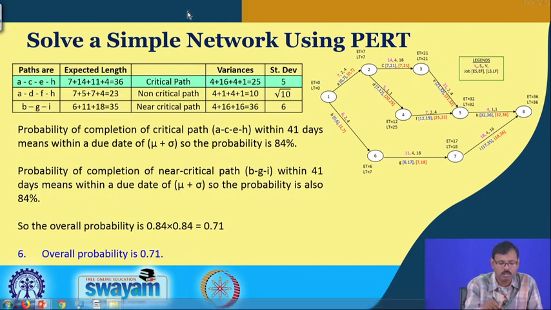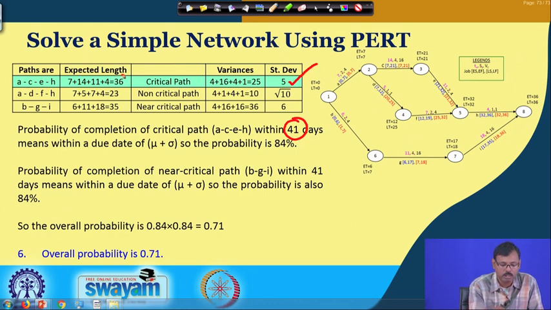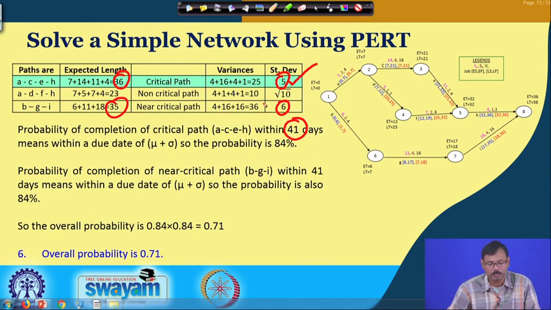Now let us solve this one and find out the probability of completing it by 41 days. We have seen this is the critical path with path length of 36, standard deviation of 5. This is the near critical path with path length of 35 and standard deviation of 6.